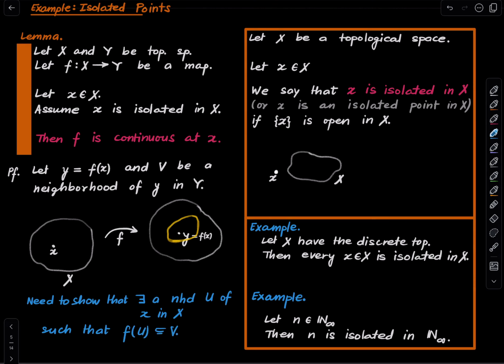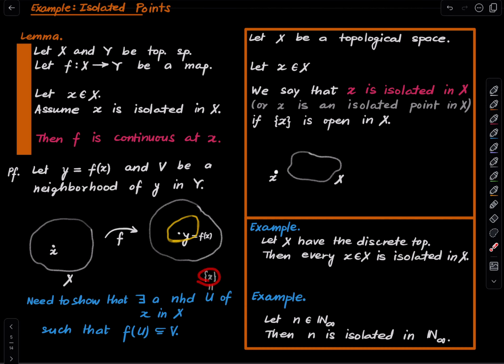I've just enunciated the definition of continuity, but the end of the proof is just by observing you can take U as the singleton x. Since x is isolated, this is an open set. It of course contains x. It contains nothing else. In fact, it only contains x.